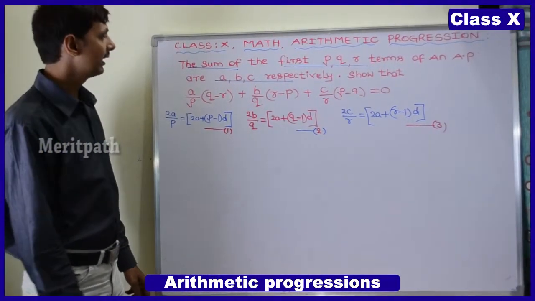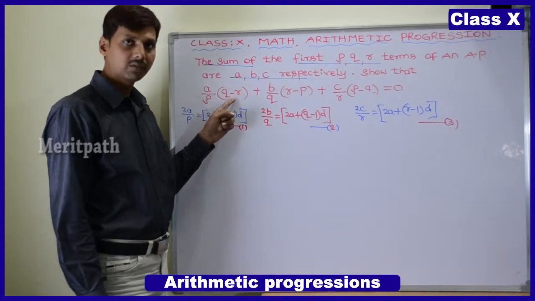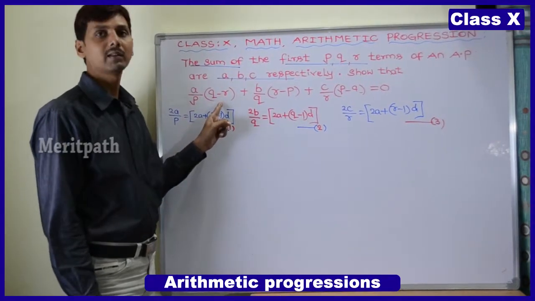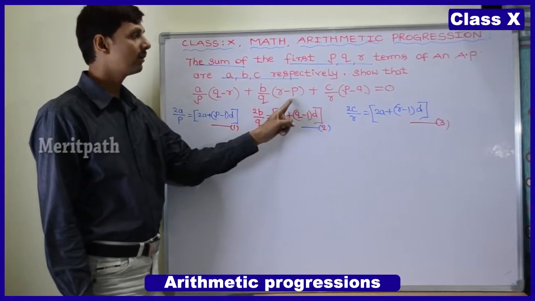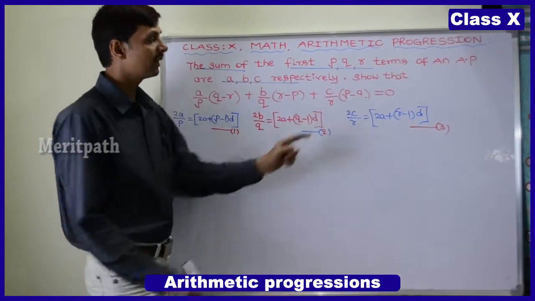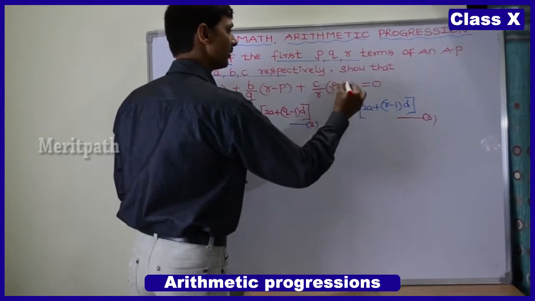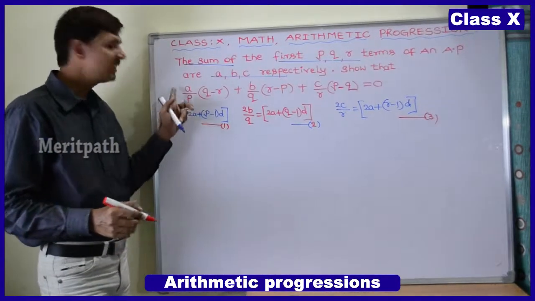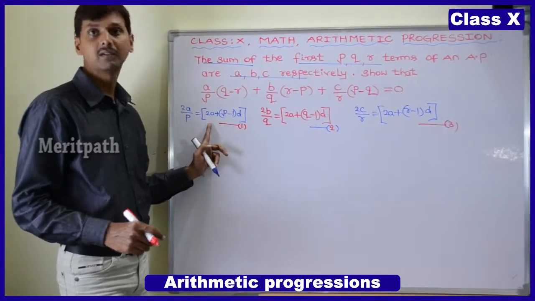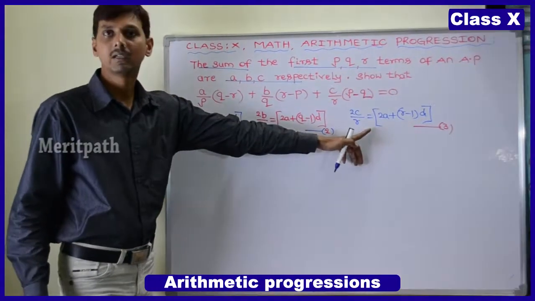So here we can observe in these three equations, and also what we need to find is a by p into q minus r, b by q into r minus p, plus c by r into p minus q. In this, a by p is present. But here we can observe there is no q minus r in the first equation, no r minus p in the second equation, and also none in the third equation.